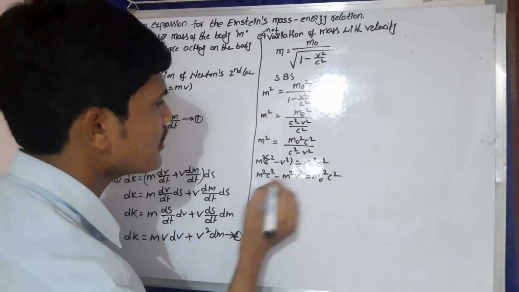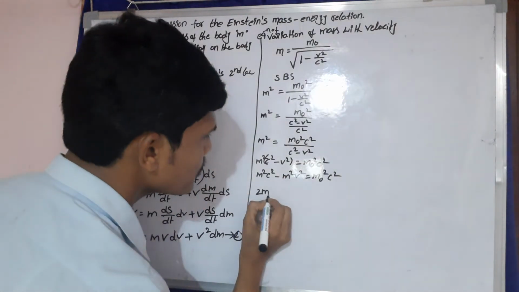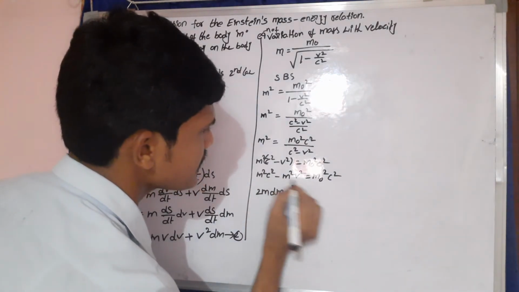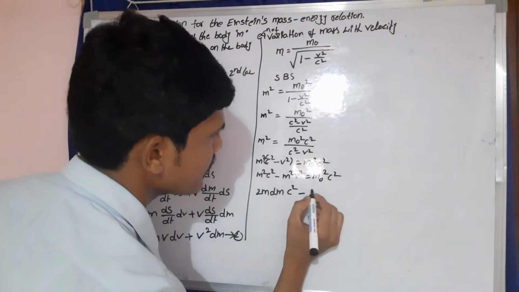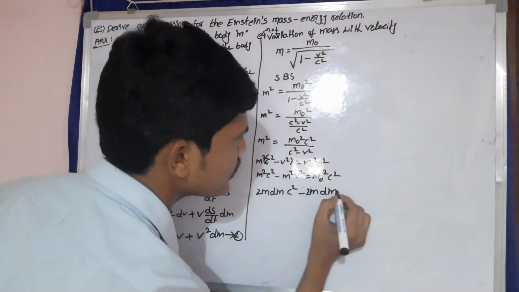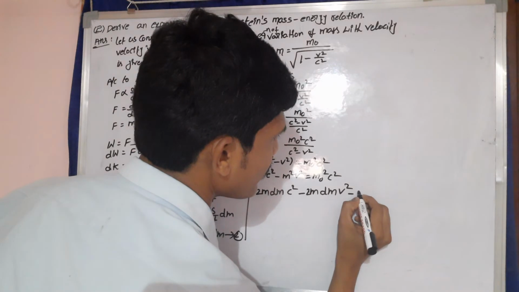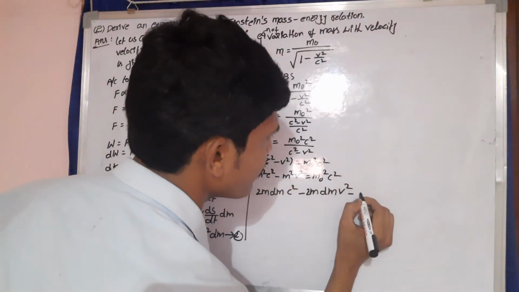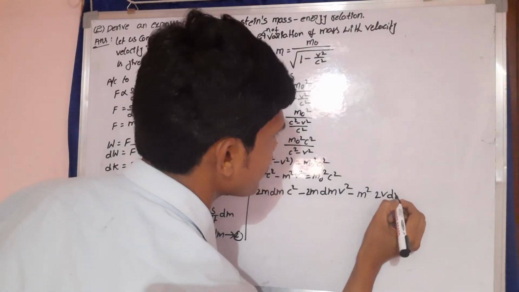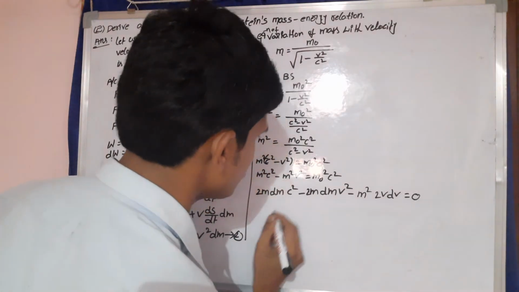Differentiating the above equation, we get 2m dm into c square, c being constant, minus 2m dm into v square minus m square 2v dv equals m naught square c square, which is constant, so 0.